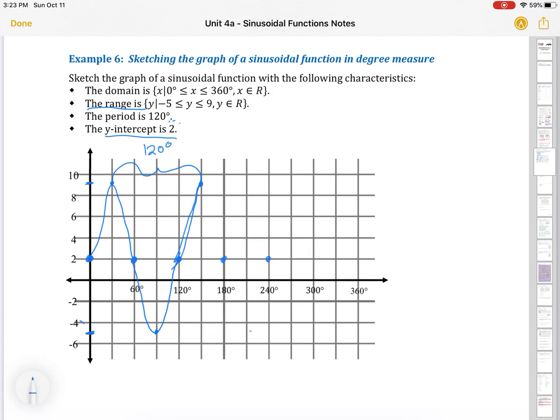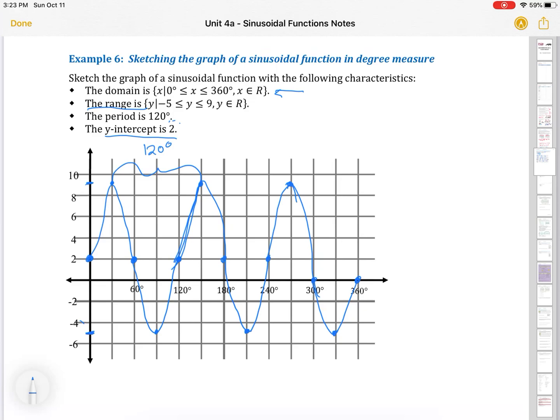So let's just map these out. I am not the best sinusoidal wave drawer. So we would go down, and we have to continue this all the way to 360, and then it ends because of our domain, right?